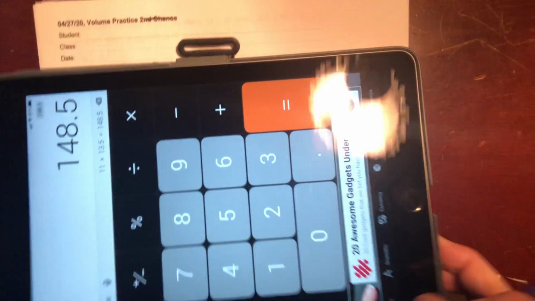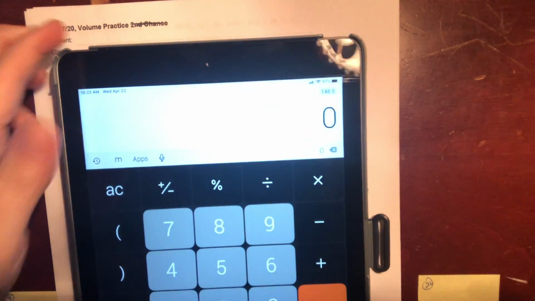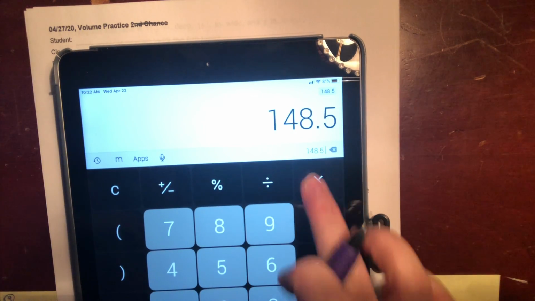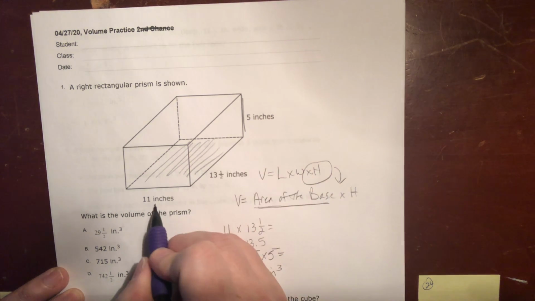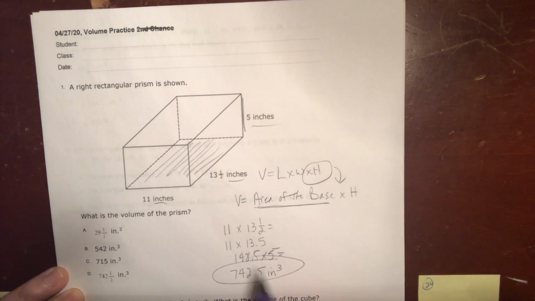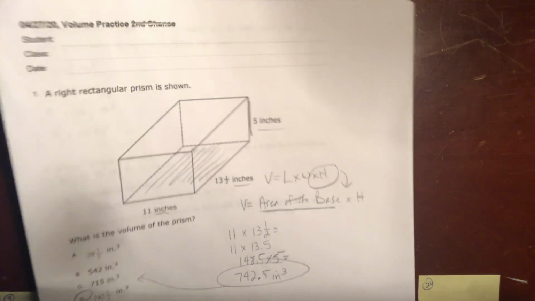So 148.5 times 5 is 742.5. And this would be inches cubed, because I did inches times inches times inches. I'm going to look over at my answers, and there aren't any decimals, but I know that 0.5 is a half. So the answer should be D, and I'm checking, and the answer is D. All right, so we got the first one right.